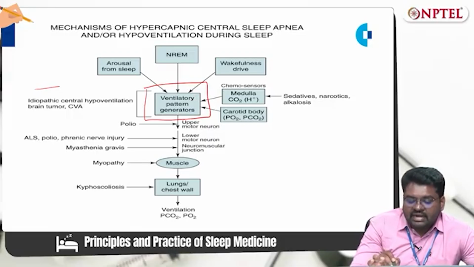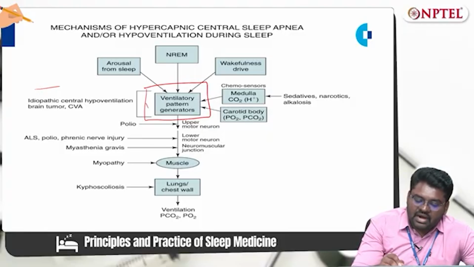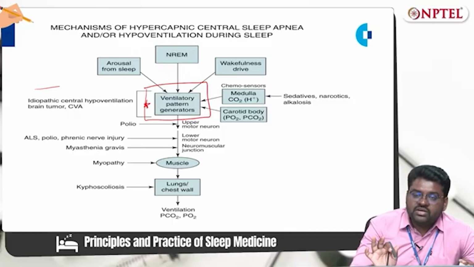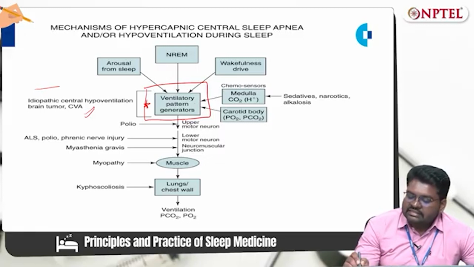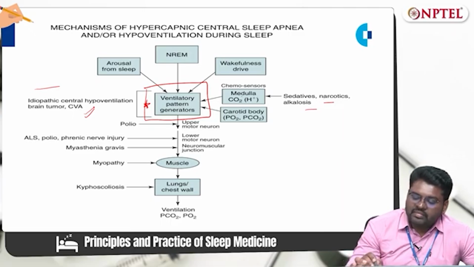This ventilatory pattern generator is the most important part associated with the control of respiration during sleep. Conditions like idiopathic central hypoventilation, brain tumor or CVA will affect these centers directly. Sedatives and narcotics will affect the medulla, and the medulla subsequently will affect the ventilatory pattern generator. So these will be from the central side.